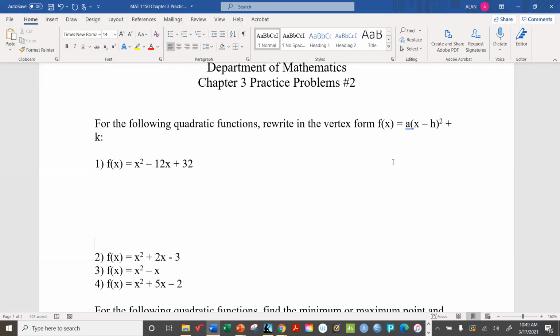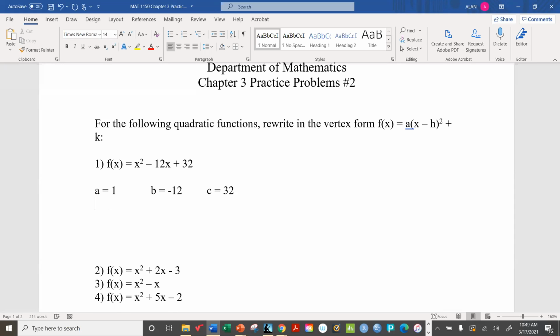So let's do it. So here, a equals 1. C equals 32. And remember, h equals negative b over 2a, negative negative 12 over 2 times 1, equals 12 halves or 6.